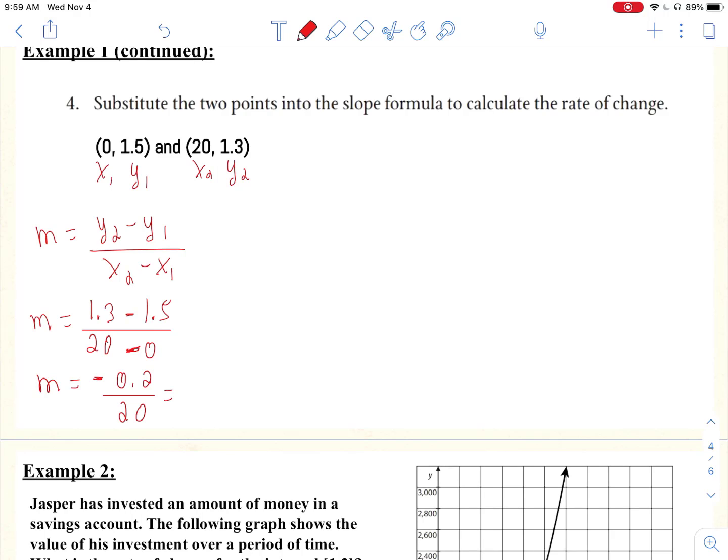I take negative 0.2 and divide it by 20 in my calculator. I'm going to get negative 0.01.